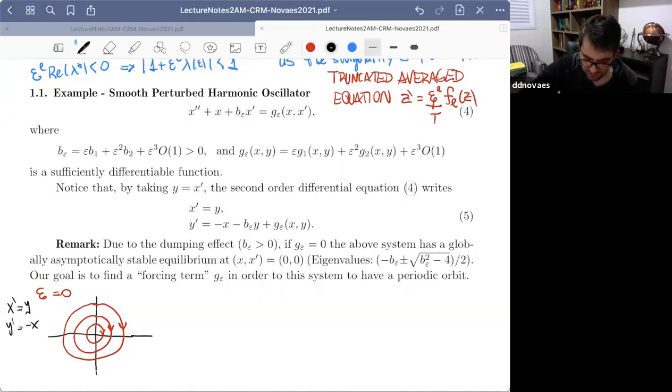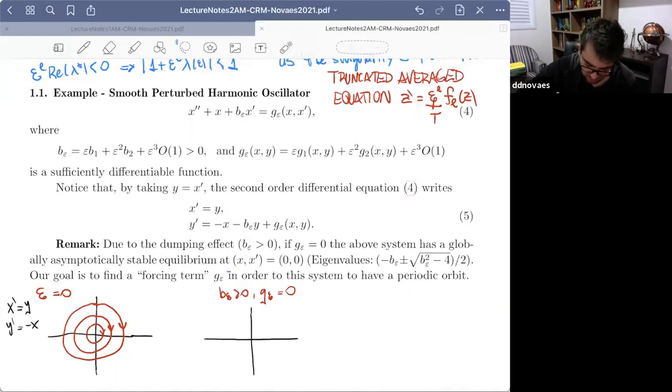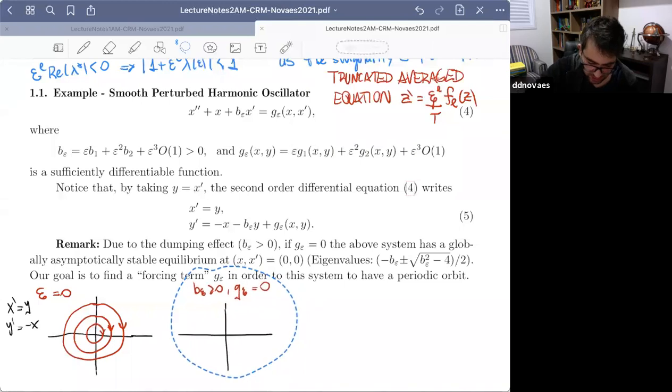If B epsilon is positive and G epsilon is 0, then this differential equation has a globally asymptotically stable focus.